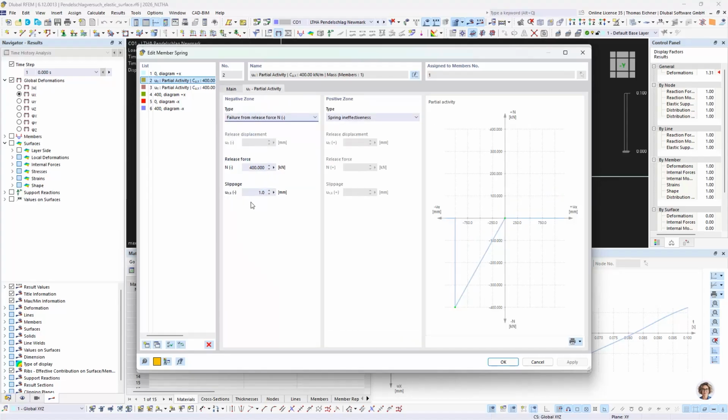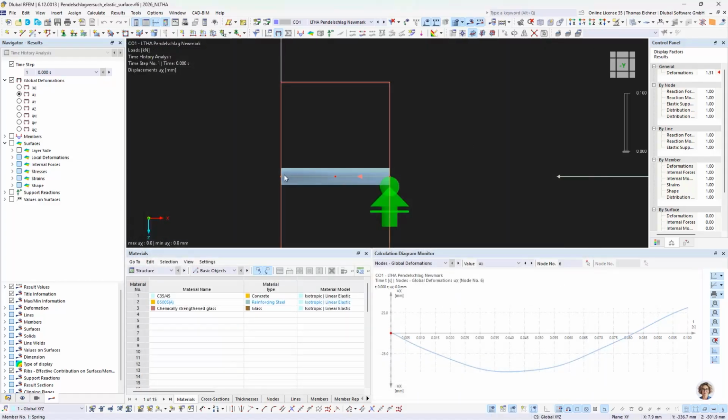We defined the 50 kilogram itself in our mass load case on one side. And we have a partial activity, which means we can insert also a slippage of 1 millimeter. So that's the distance we need to accelerate to this 2 meters per second. And we also have a spring ineffectiveness in the other direction. So it hits, goes with the structure there, and if it goes back and is not linked anymore, then it's ineffective.